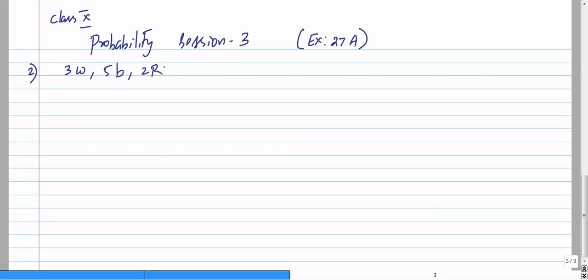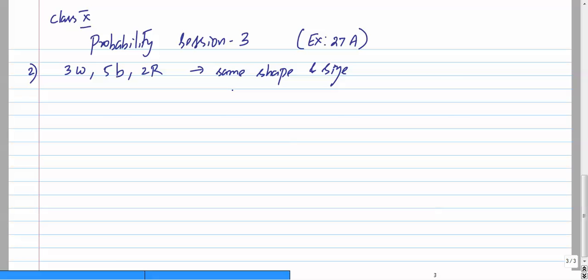Why do I say all of the same shape and size? When I put my hand inside, if the balls had different shapes and sizes depending on the color, I could easily make out which one I'm picking. If I want to pick a red ball, I could choose the big one because it has to be red. So I don't give any chance like that. It says all same shape and size.